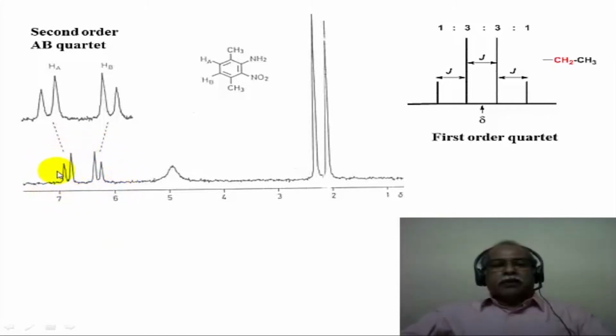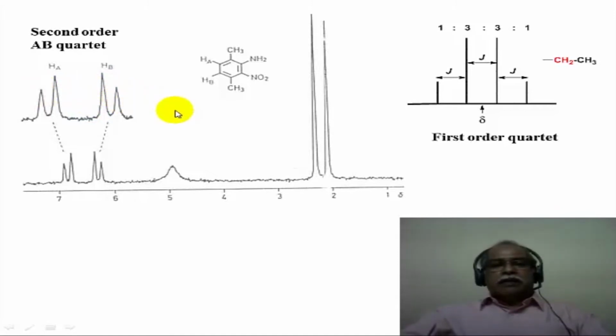If you look at this pattern carefully, HA should couple with HB and split it into a doublet. Similarly, HB should couple with HA and split this into a doublet. So one should see two doublets, and usually the two lines of each doublet should have equal intensities. But that's not the case in this particular system. You can see some kind of a roof effect, in terms of the intensity of the inner lines being higher than the intensity of the outer lines.